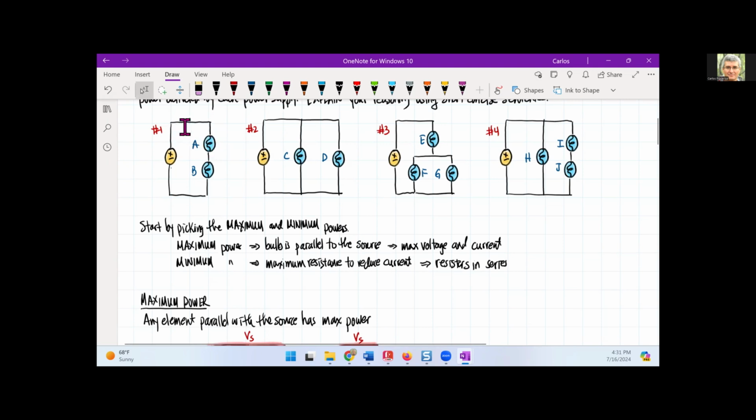So if you look at A, B, they're in series, so that's going to give me the highest. If you look at 3, E is then in series with F and G within parallels. That F and G is smaller than B. So therefore, it has a lower resistance and it's going to get more current. But you could see that I and J are going to be the same as A and B.